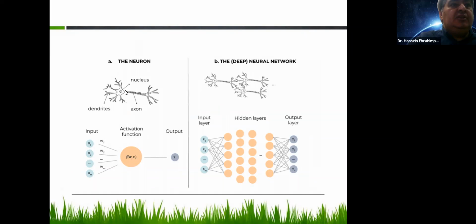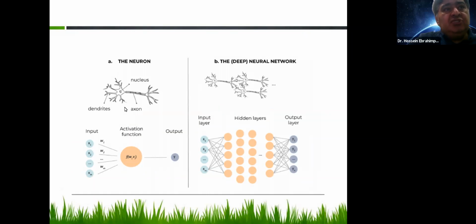What will happen in the neuron is that when an input comes to the nucleus, it will wait there until the amount of the inputs reaches a threshold.